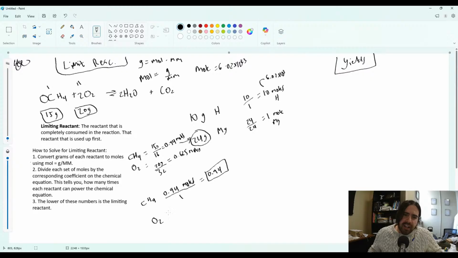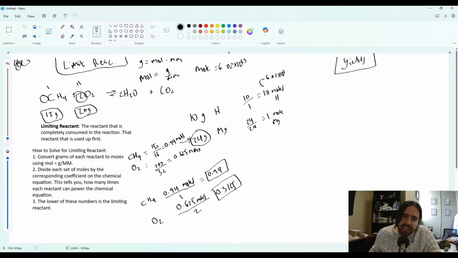O2, on the other hand, we have 0.625 moles. And the coefficient for O2 is 2. So the coefficient at the beginning right here is 2. So if you divide that by 2, we'll end up with 0.3125. Okay. Now, the lower of these numbers is the limiting reactant.